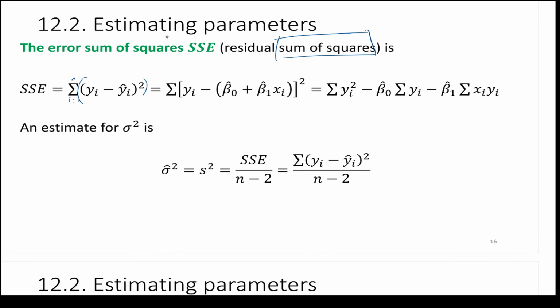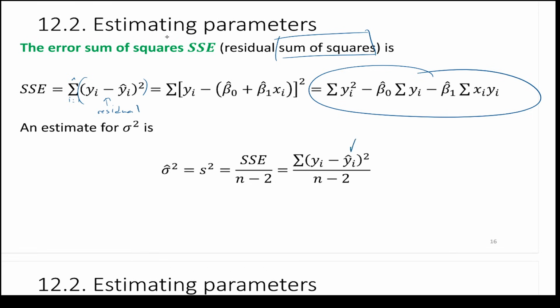You're taking the difference, the residual, squaring it, and then adding them all together. You could do some algebra to manipulate it and make it look different, but the important part is this error, you're squaring it, deviating away from your predicted value.